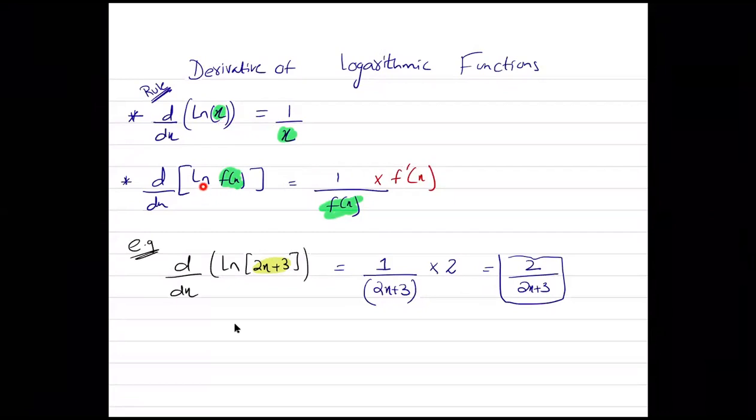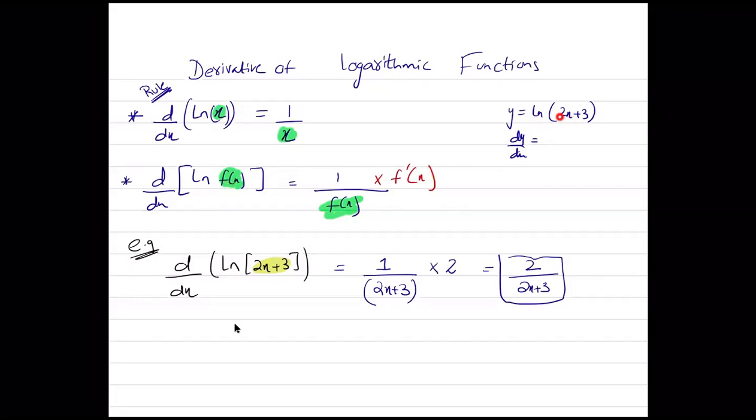Okay, whenever we have a ln of a function, the example that I gave you was y equals ln of 2x plus 3. To find the derivative of this function, just remember the rule. The derivative of ln of f of x is going to be 1 upon f of x times the differentiation of f of x.